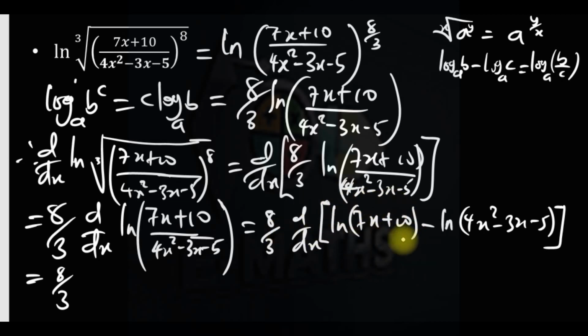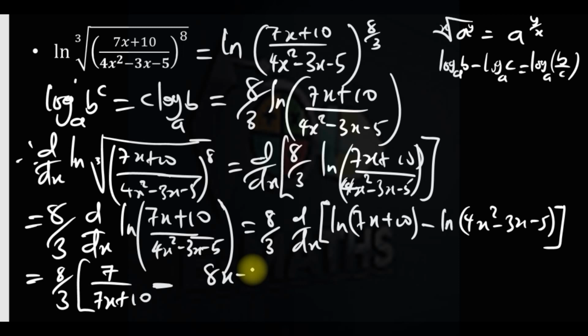So our f(x) is 7x plus 10. If you differentiate 7x plus 10, we have 7 over the original, which is 7x plus 10, minus, we differentiate this, which is 8x minus 3 over the original, which is 4x squared minus 3x minus 5. So that's our answer. That's the derivative.